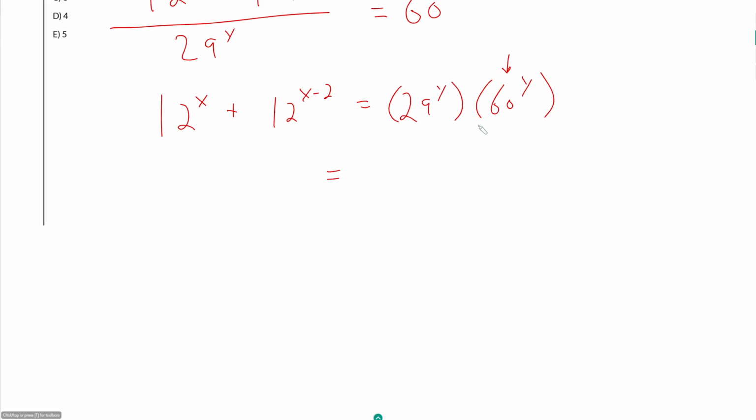I cannot really do anything with that. So I might rewrite this, though, as instead of 60 raised to the y, 12 times 5 raised to the y. So now I have at least one 12 on my right side. Now I can distribute this y out.